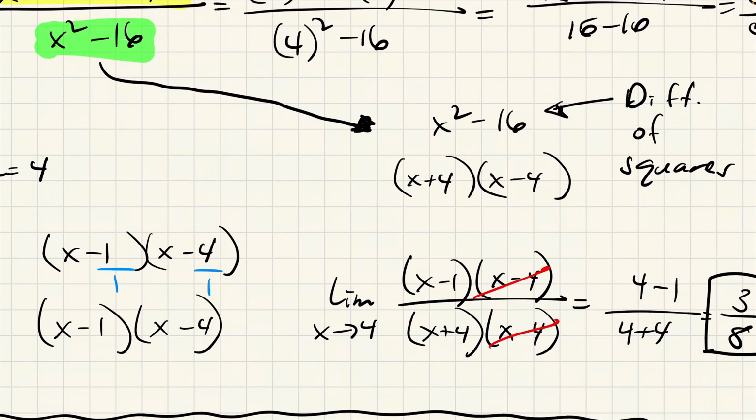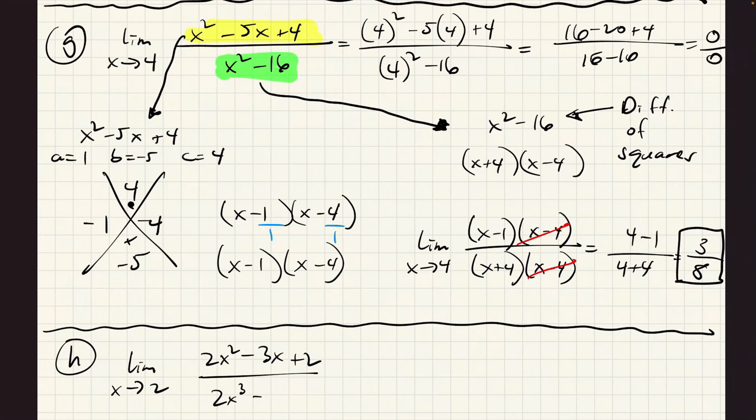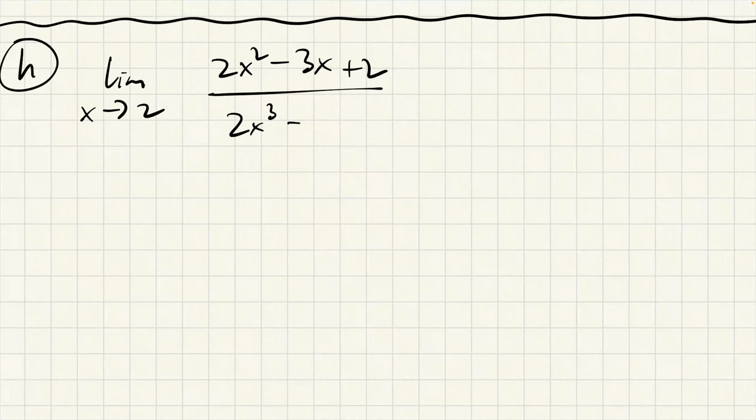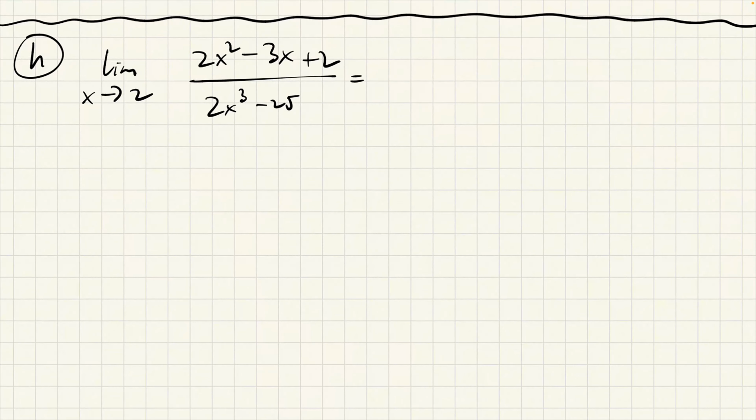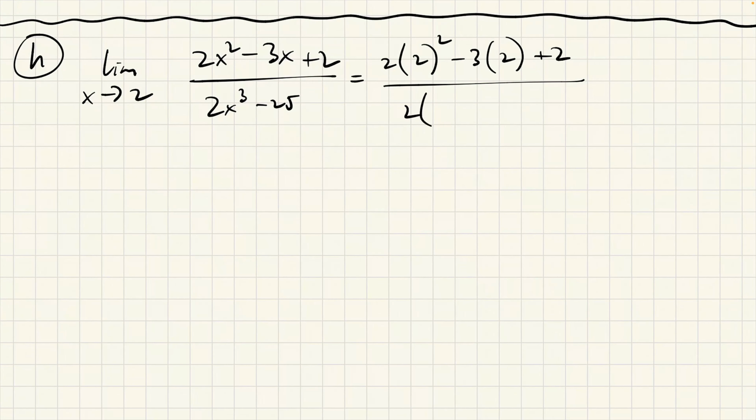Okay. I haven't done h yet. Let's plug it in. So 2 squared minus 3 times 2 plus 2, and then 2 cubed minus 25.